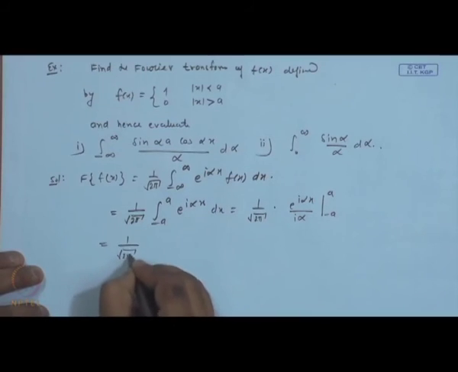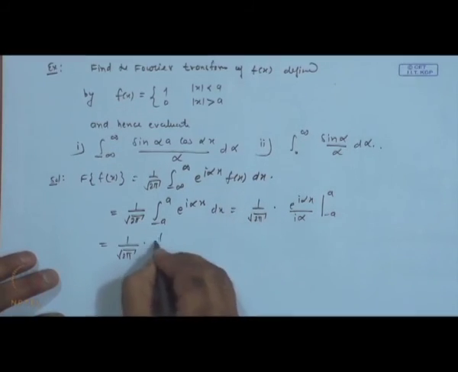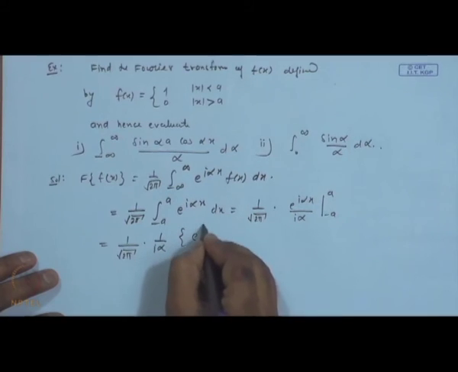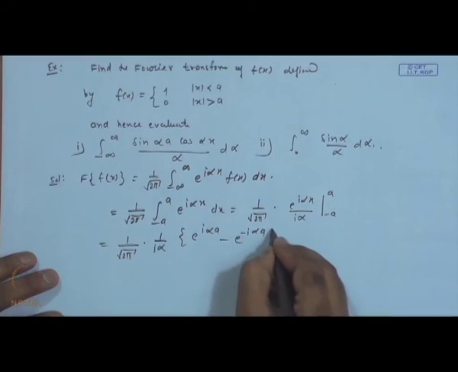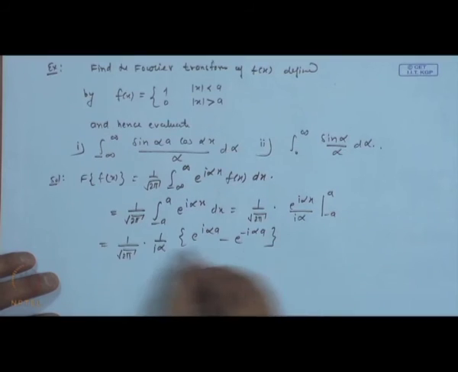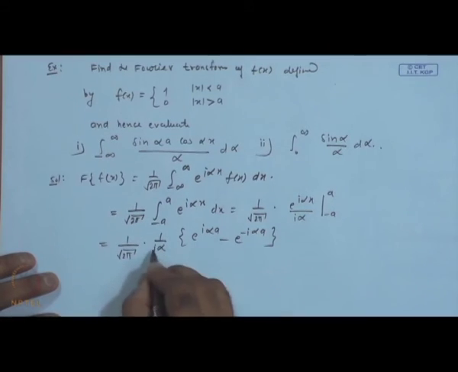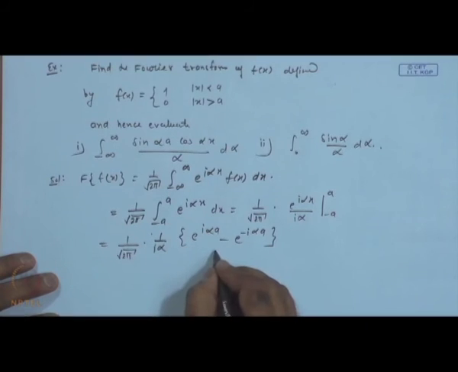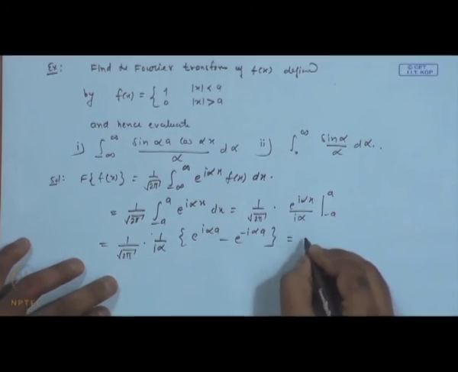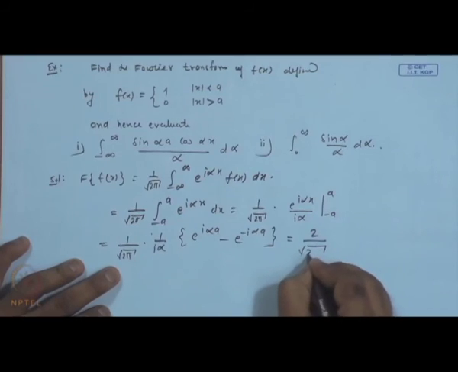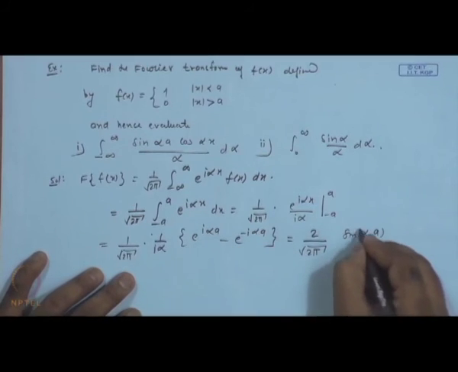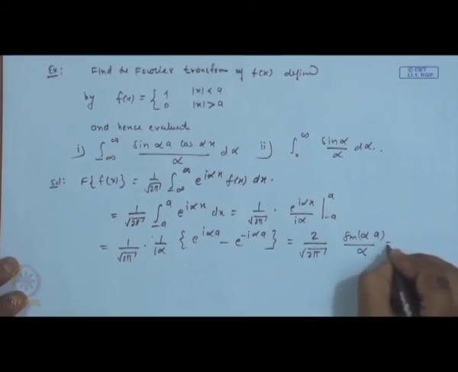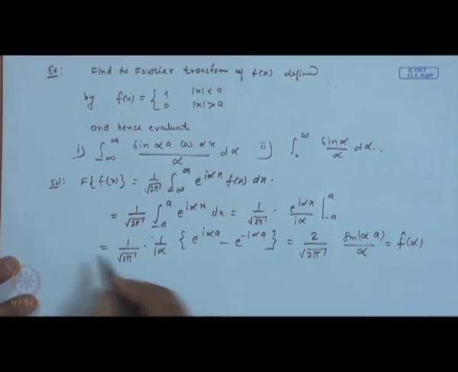So we have 1 over square root 2 pi, 1 over I alpha, and e power I alpha a minus e power minus I alpha a. With this I factor, we can multiply and divide by 2 to get 2 over square root 2 pi, and this will be sine alpha a over alpha, and this is our Fourier transform of the given function.